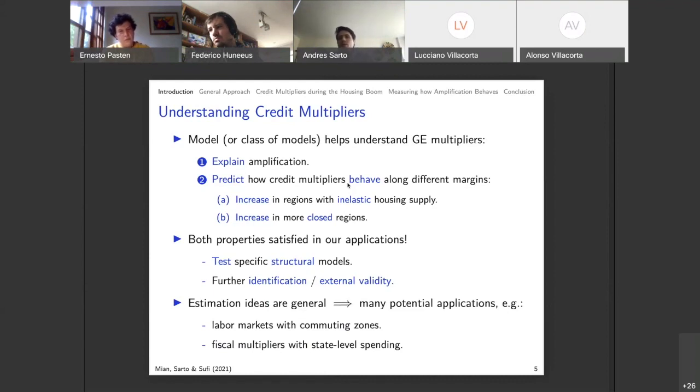And so if you can make the exogeneity assumptions that we are making, probably the same type of results would go through. If you're thinking about fiscal multipliers and state level spending, you might also think about some of the effects that we are estimating being meaningful in those specifications.